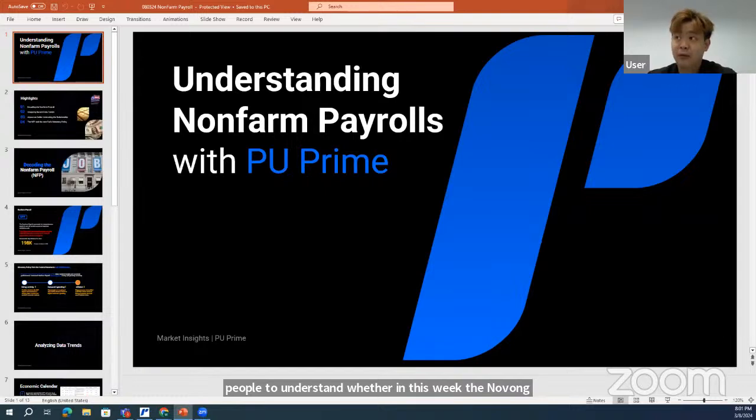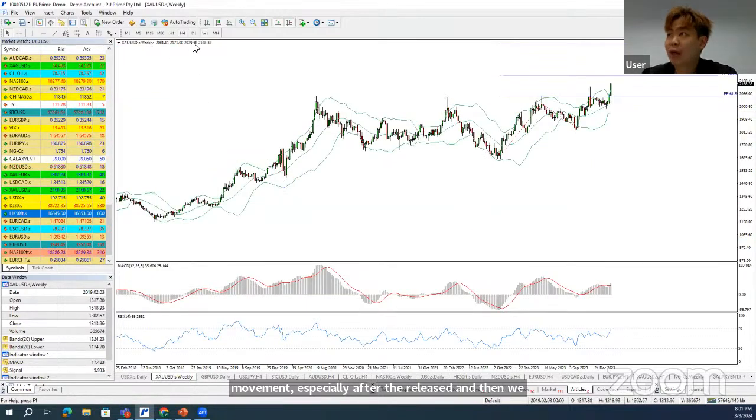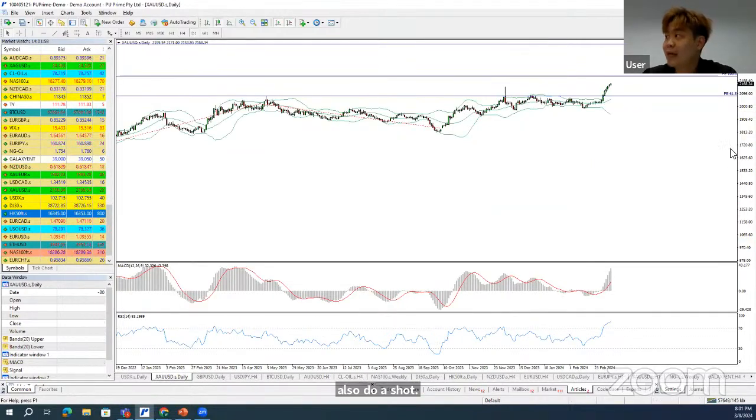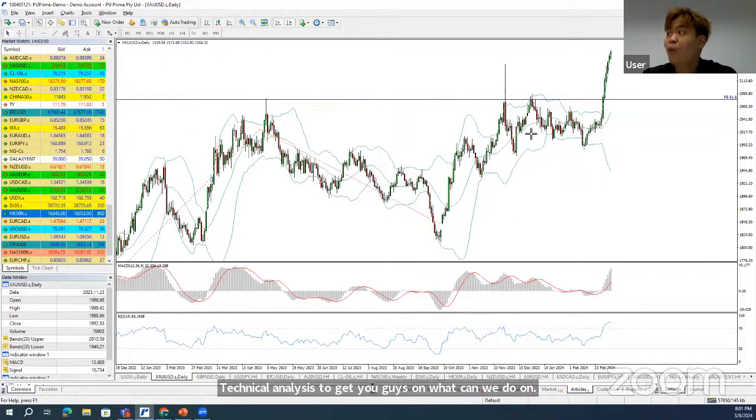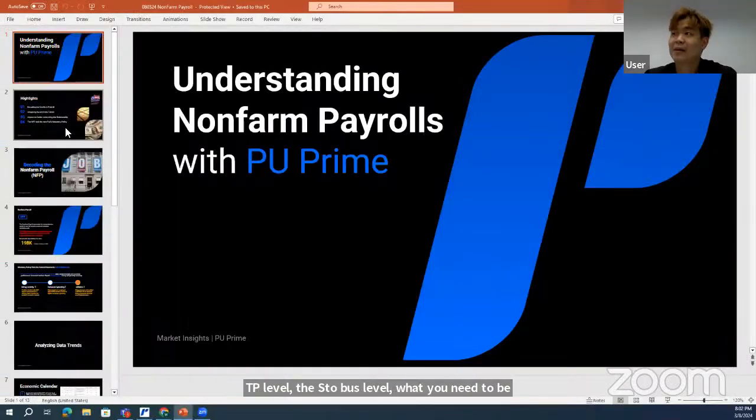Then, after we understand the Nonfarm payroll and its predictions, we will move on to which products will experience significant movement after the data release. We will also do a short technical analysis to guide you on the TP level, the stop loss level, and what you need to be careful about. This is a brief explanation.